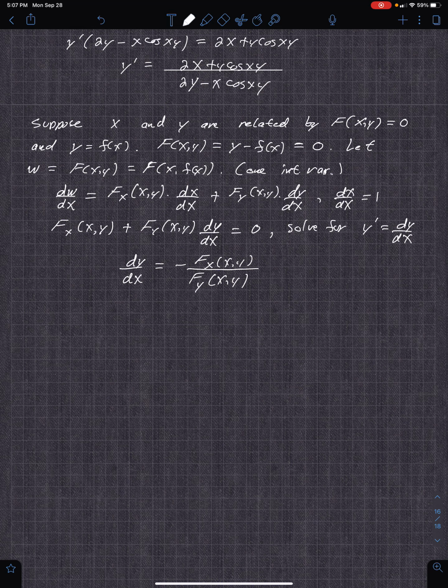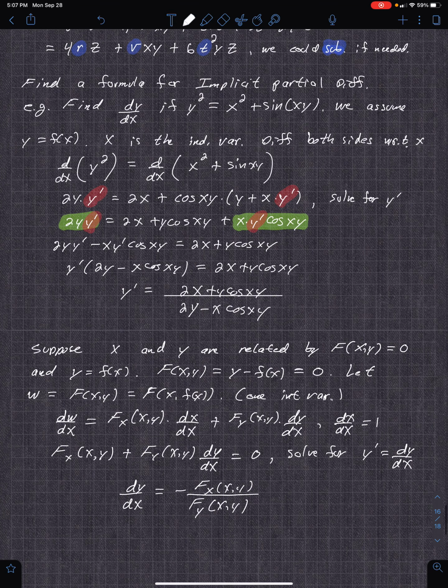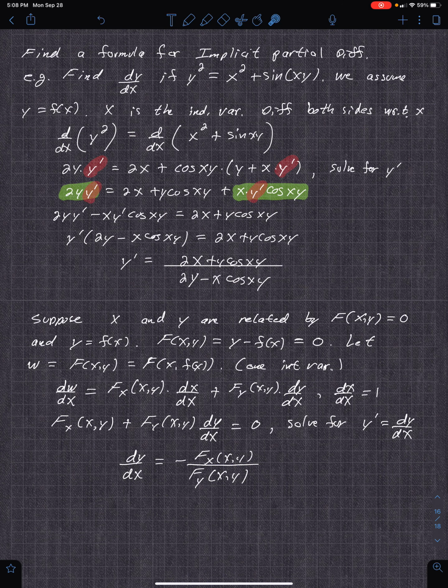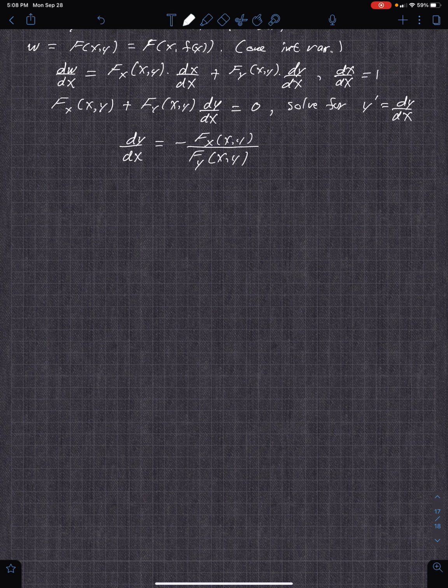Now go back to the previous example. I'll just rewrite it, but let's now differentiate this using this formula. So check this out. Here's our example. Find dy dx if y squared is equal to x squared plus sine xy.